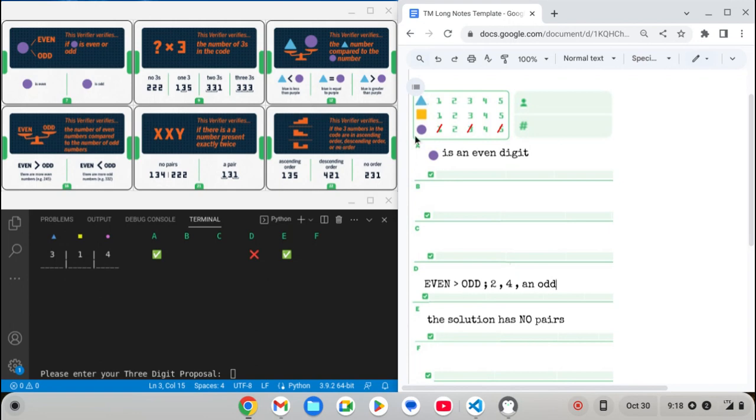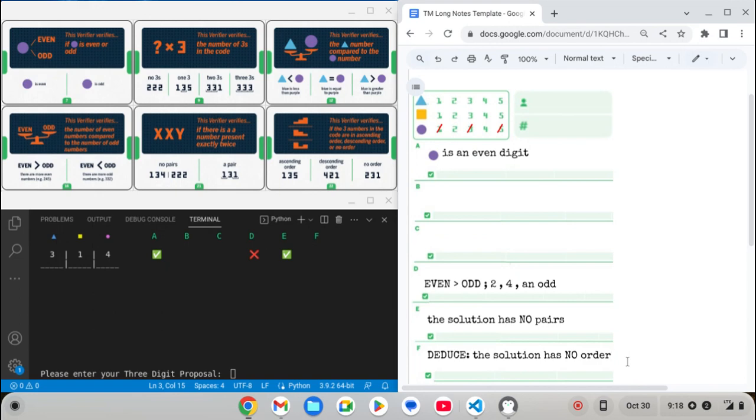Alternatively, if it's descending, we would automatically know that triangle should be greater than circle. Again, making this card irrelevant. So I think it might be safe to say that we can deduce that the solution has no order.